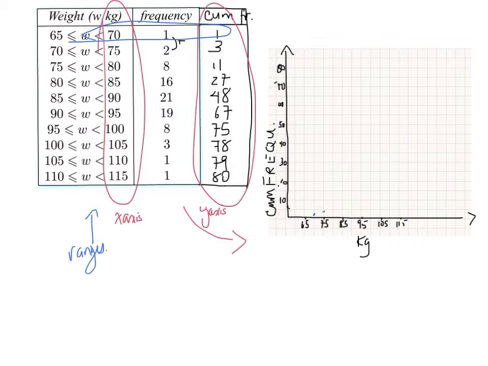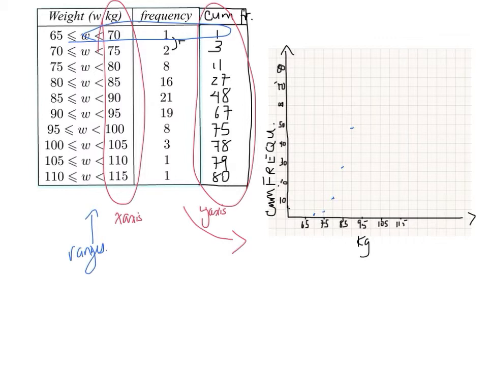When we hit 80, we've had 11 people so far, so it's just above the 10. At 85, I've got 27 people so far, so I need to be closer there. Notice how this is starting to angle up fast. At 90, I've got 48 people, so I need to find a spot that's approximately 48, right there. At 95, I've got 67.